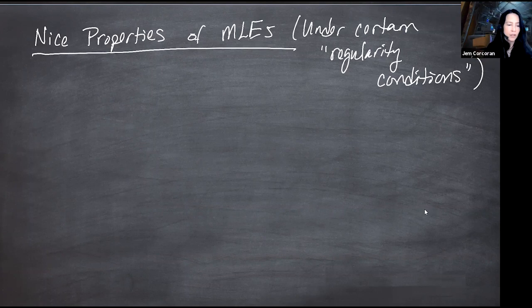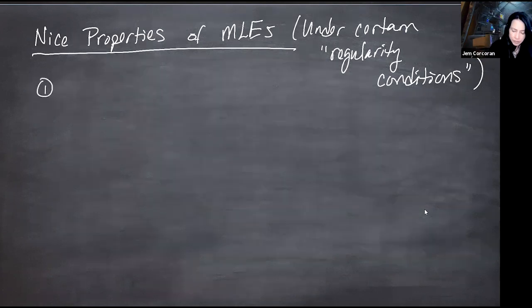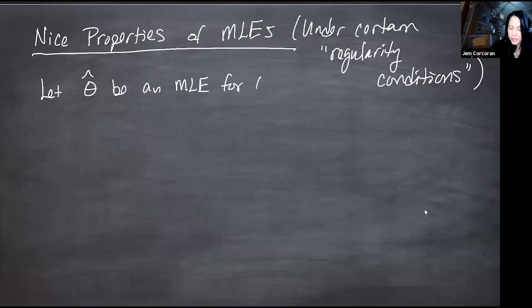So property 1 is that, actually, sorry, before I write the property, I'm going to let theta hat be an MLE for theta in some problem. So there is an underlying x1 through xn with the joint PDF that depends on theta.